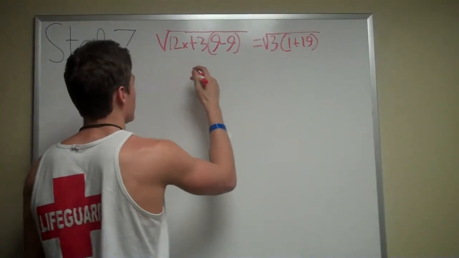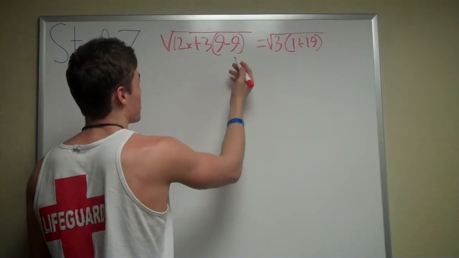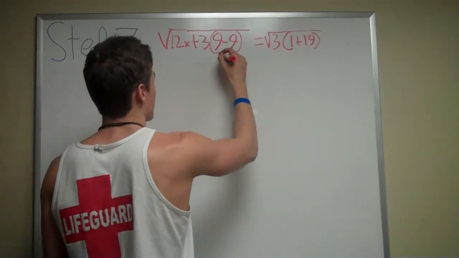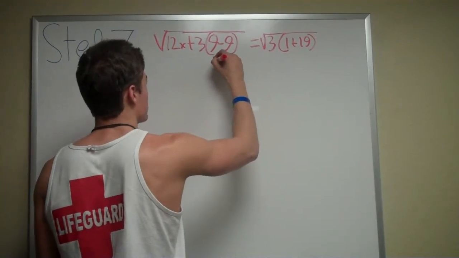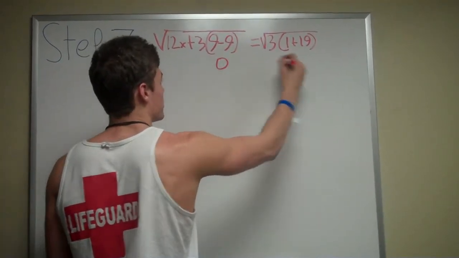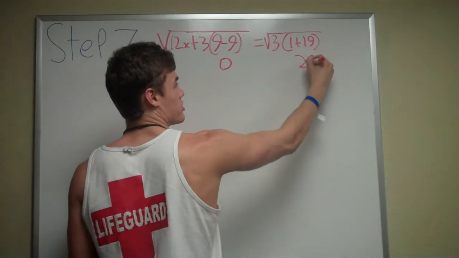Now, we'll do our parentheses first. We have 9 minus 9 and 1 plus 19. This equals 0, and this equals 20.